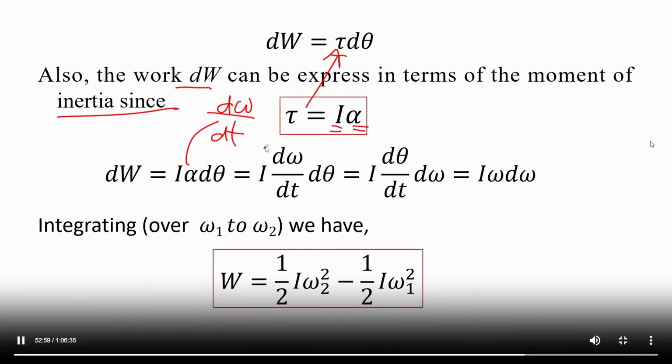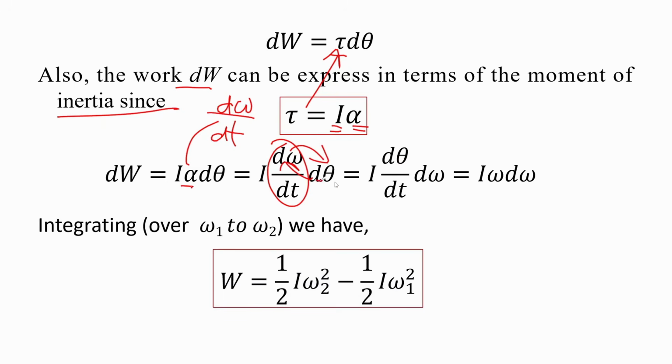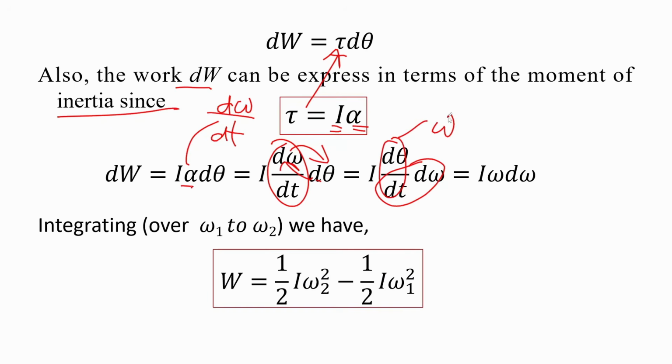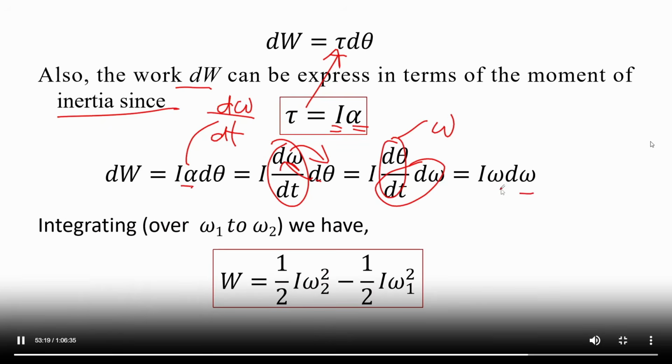So this gives you d theta over dt, which is omega, the angular velocity, times dw. Then to solve for that, we integrate here.